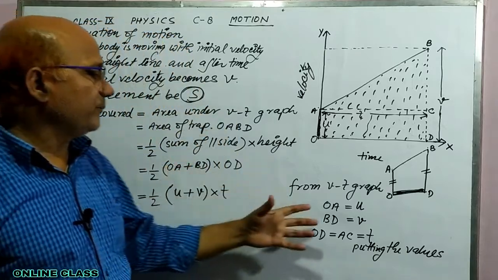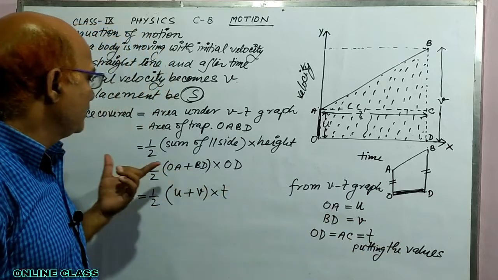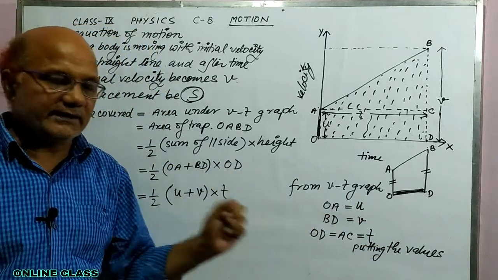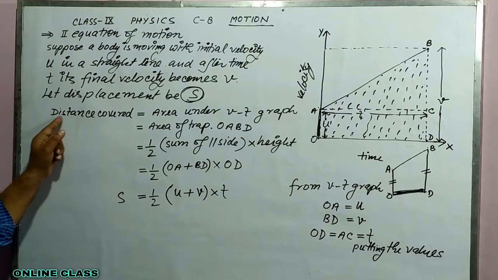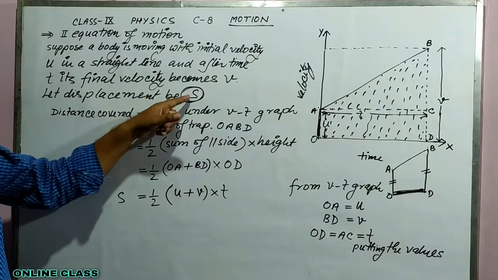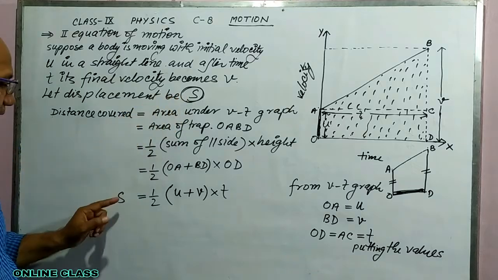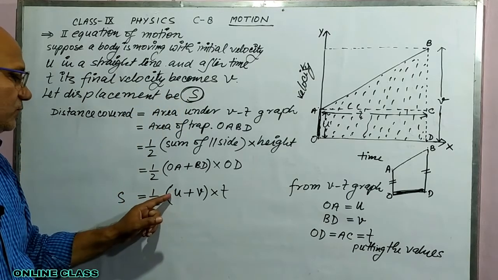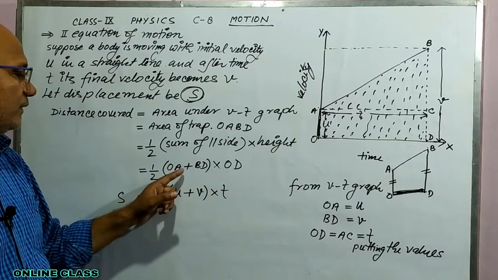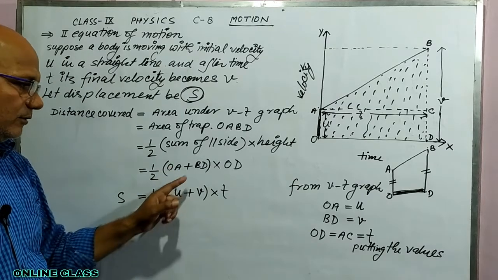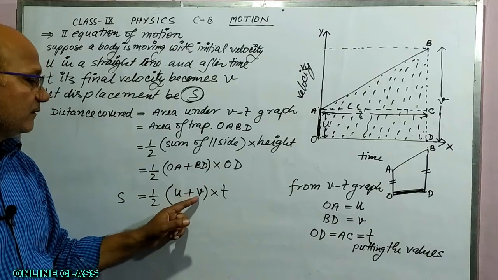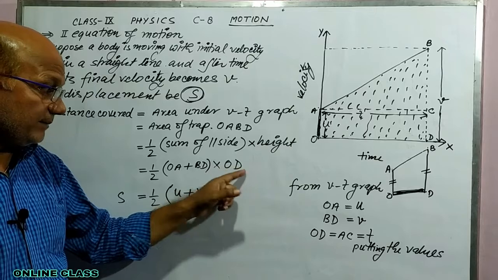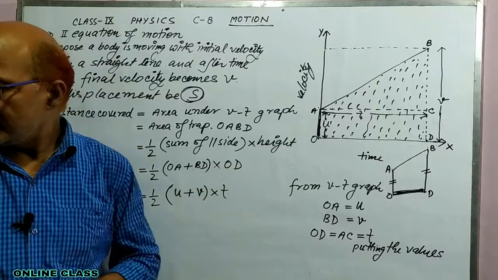Now we put all these values in this equation. So when we put these values, we find distance covered, we have already supposed it is S. So this is equal to half into U means OA, plus BD, final velocity, bracket close, into OD means T. Okay.